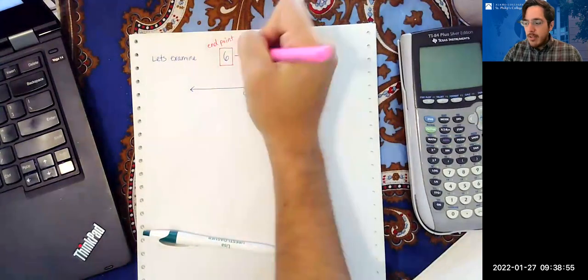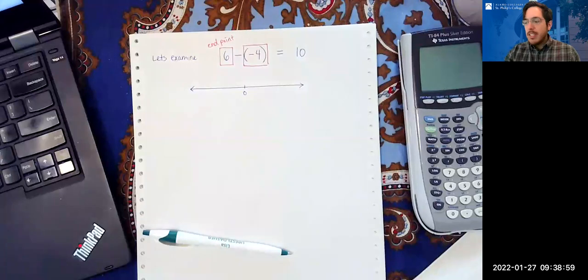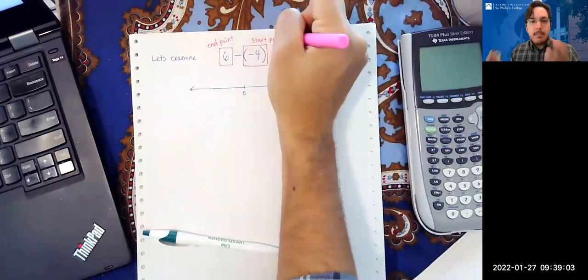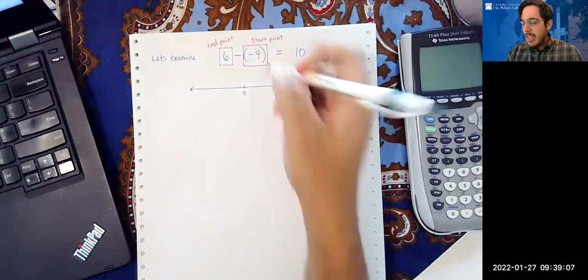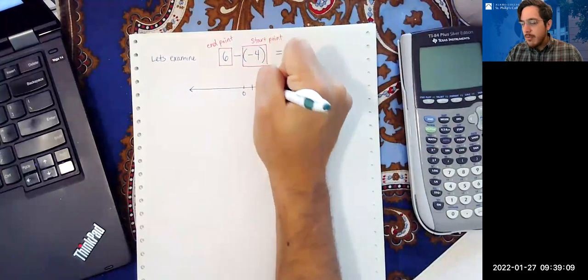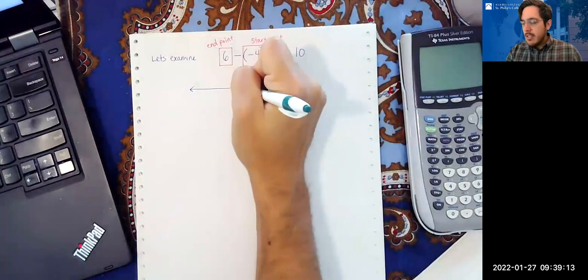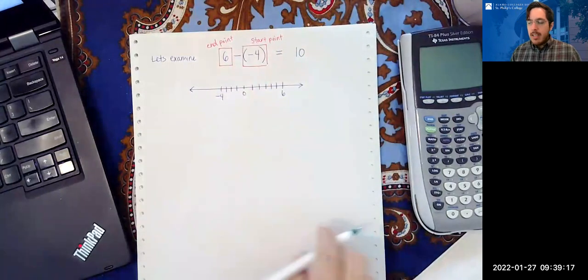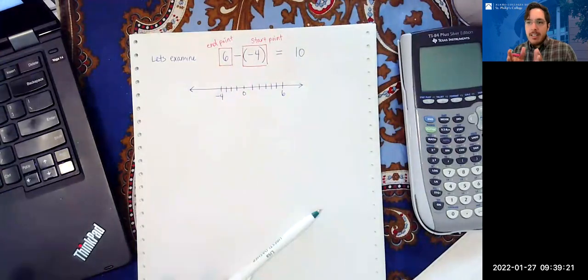And then I'm looking at negative 4, which is my start point. I need to find the distance between these two numbers. That's what subtraction is doing. So 1, 2, 3, 4, 5, 6 is my endpoint, and 1, 2, 3, 4, that's negative 4 for my start point. To go from my start point to my end point, how many units did I travel?